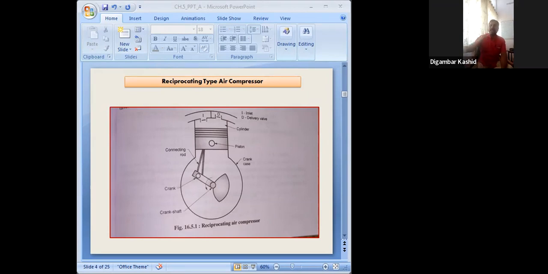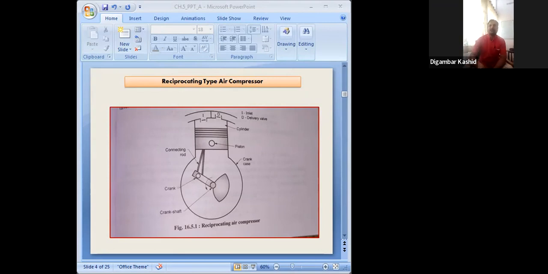At that time the inlet valve is closed and the pressure starts increasing, by decreasing the volume of the air inside the cylinder. That pressure increases continuously until the pressure inside the cylinder is above the pressure on the delivery side.